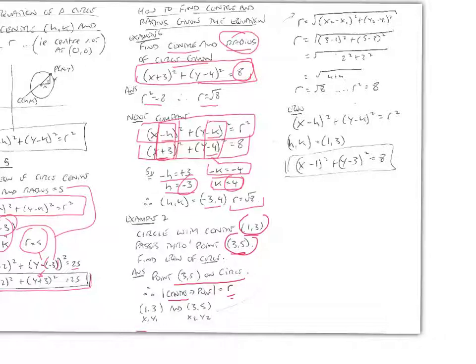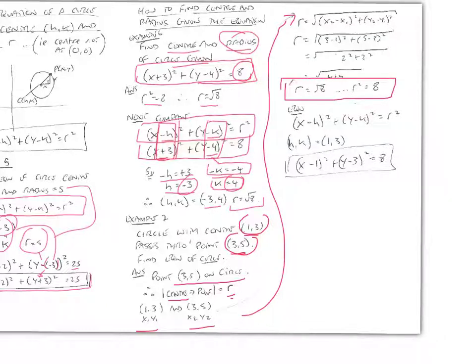So name one x1, y1, the other x2, y2, and then plug it into the equation to find the distance between those 2 points, and you'll find that the distance, or the radius of the circle, which is the distance between the centre and the point on the circle, is equal to the square root of 8. So r squared is equal to 8.